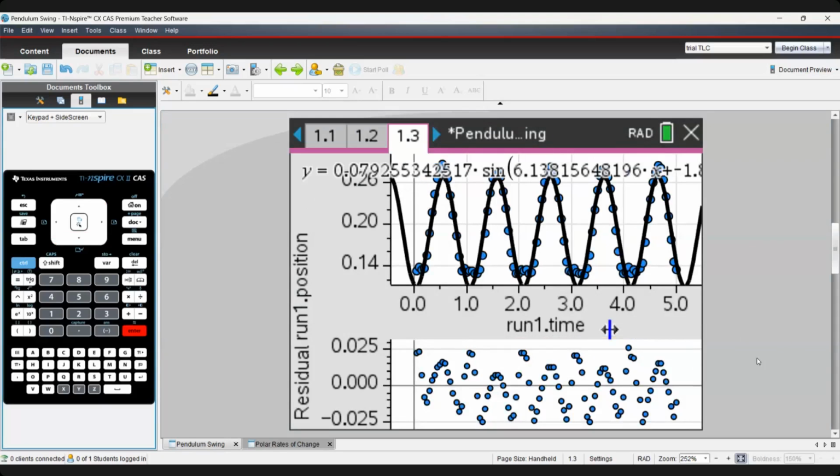We don't necessarily want to see a pattern, but we do see pretty equal amounts above that horizontal axis and pretty much equal amounts of data points below. So to me, that looks like a fairly good fit. It's not going to be perfect. Data often is not perfect, but we do get that sense of what our parameters mean and how we can use them.